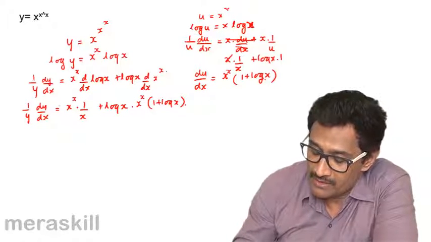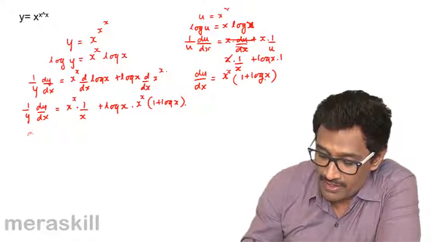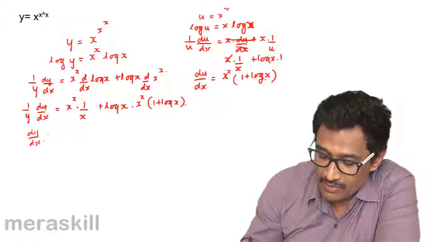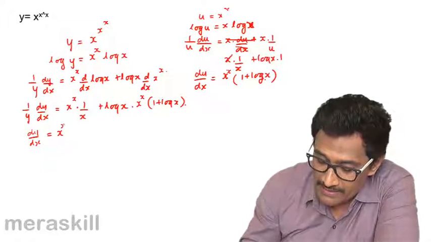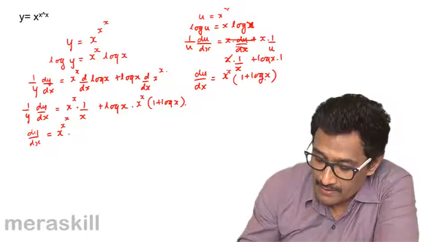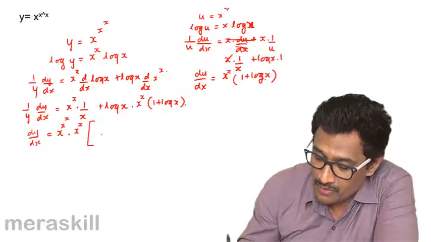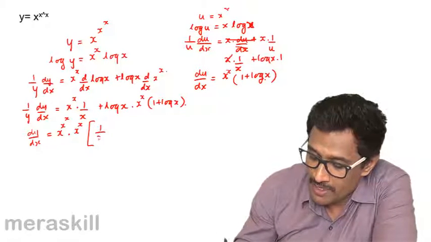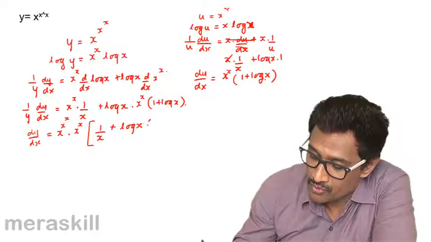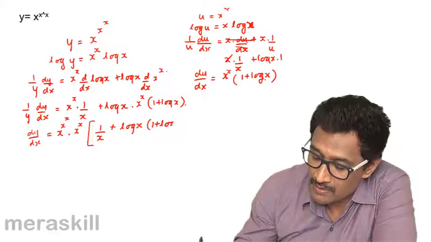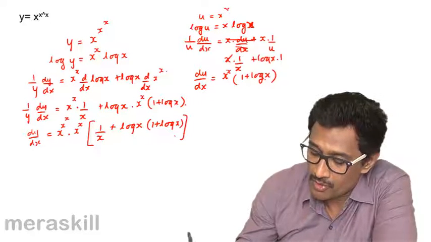So dy by dx is hence equal to y, which is x raised to x raised to x, into, you can take x raised to x common, into 1 by x plus log x into 1 plus log x. This is what you get.